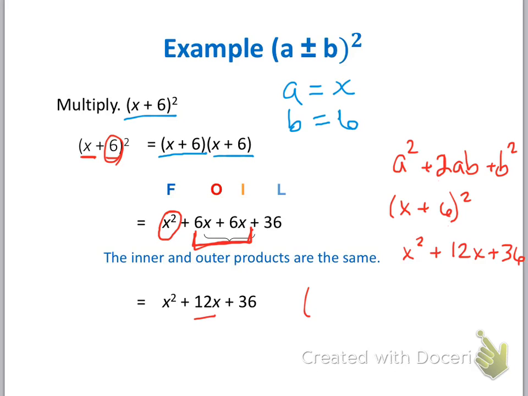What if I had x minus 4 squared? Take the first number, square it. 2 times x times 4. 2 times 4 is 8. Second number squared. We'll try some more after we look into the second pattern.